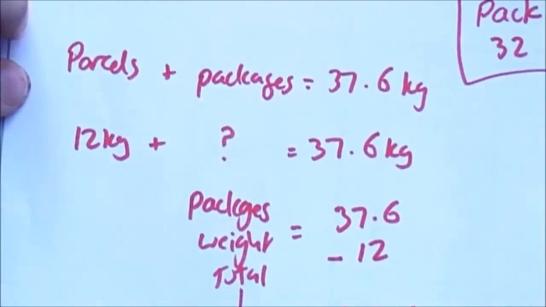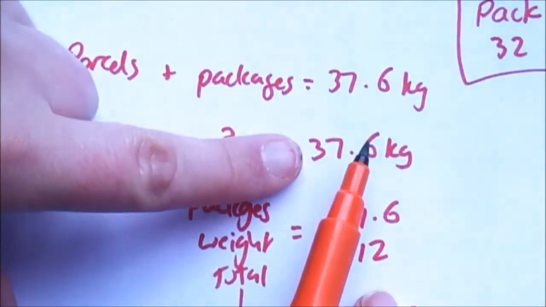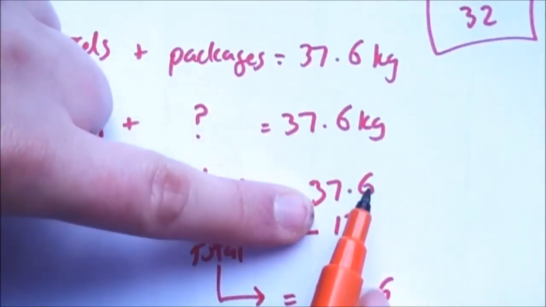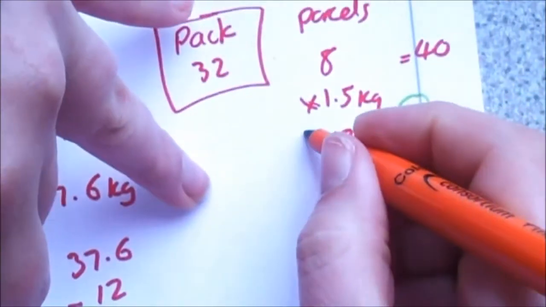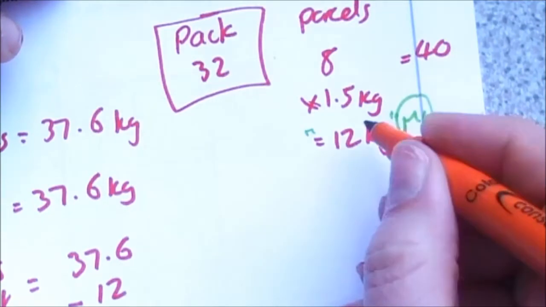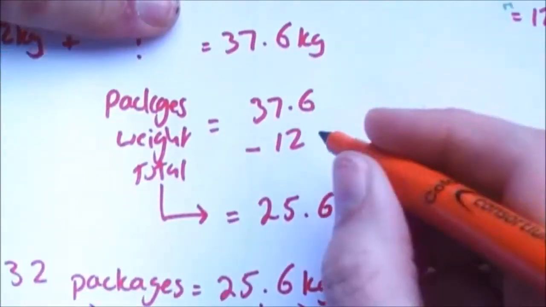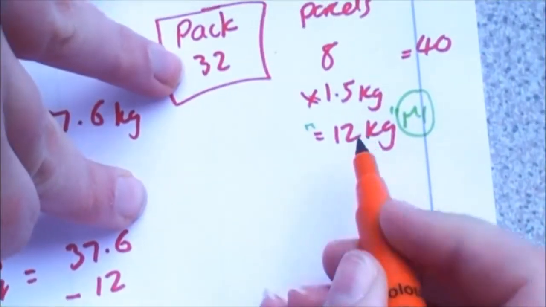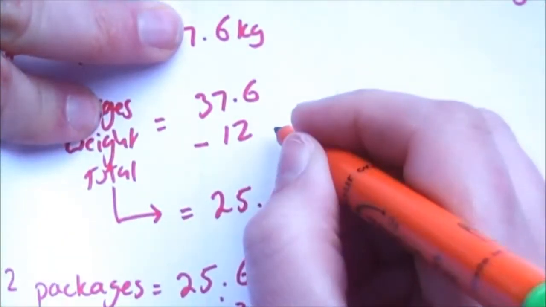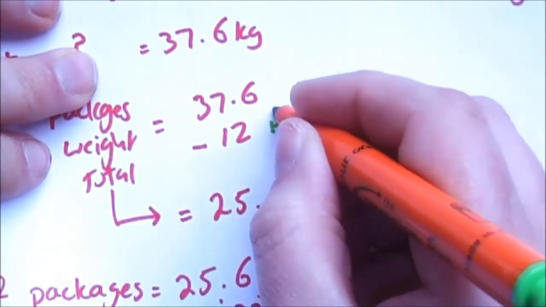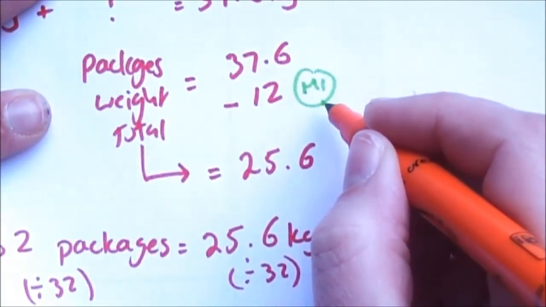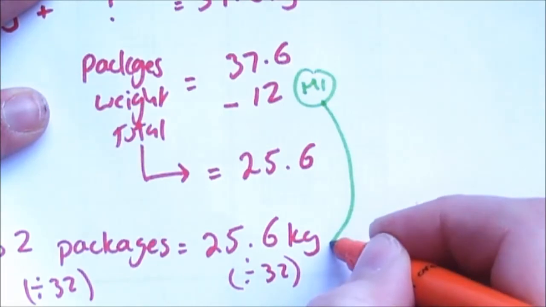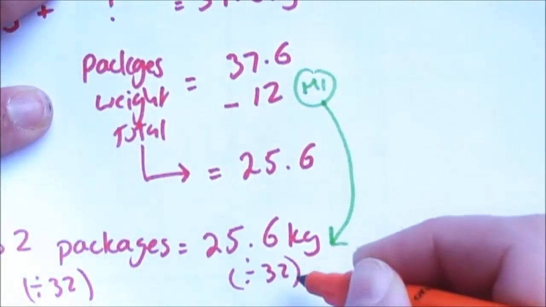Now, from this point on, you get follow-through marks. So the next mark is for showing that you've taken the total weight and you've subtracted whatever you've had here. So if you didn't get 12 kilograms there, as long as you've taken what you've stated to be your total weight of the parcels, subtracted from the total, that gets you that method mark, as long as you've then divided it by the 32.